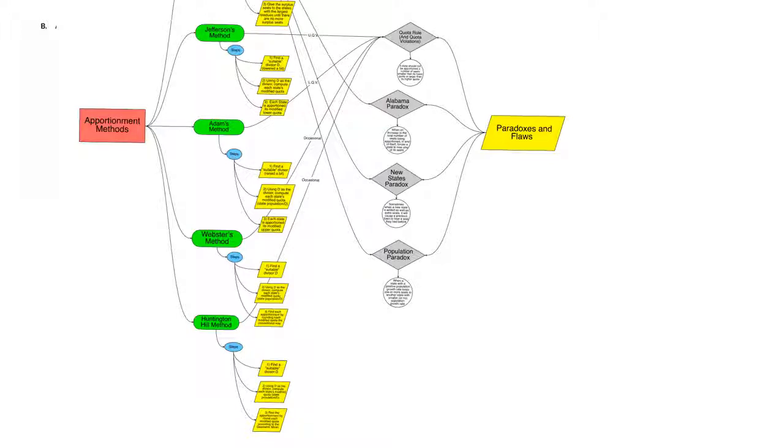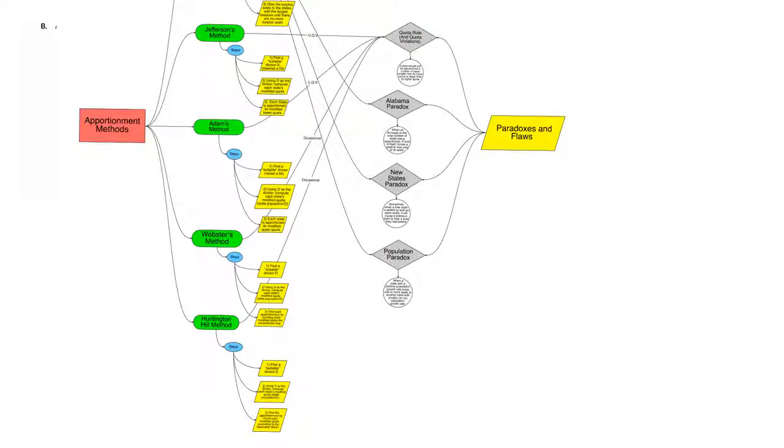Once again, to violate the quota rule is to have it be the case such that a state ends up getting an amount of seats that is more than its upper quota or an amount of seats that is less than its lower quota. Okay, so that's the quota rule violation.